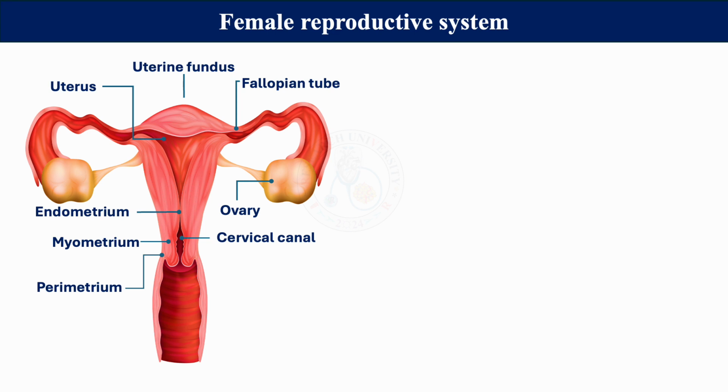And cervical canal is the passage connecting the uterus to the vagina. Cervix produces mucus and serves as a passage for menstrual blood and sperm. And the final one is the vagina. It serves as the birth canal and is an organ involved in sexual intercourse. So this is the female reproductive system.